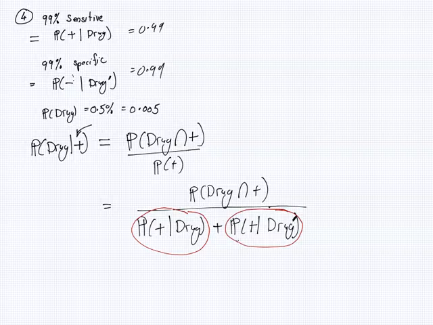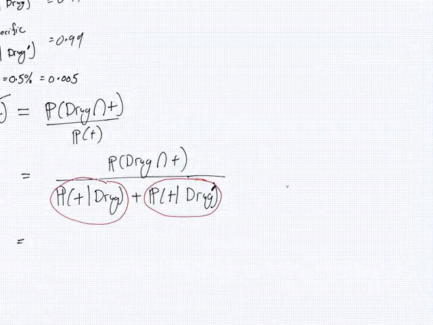No, not that one. Yeah. So this one here, I'll write it on the top here. Probability of drug use and positive result all over. Is it okay if I scroll a bit to the right for a moment just to get this in?